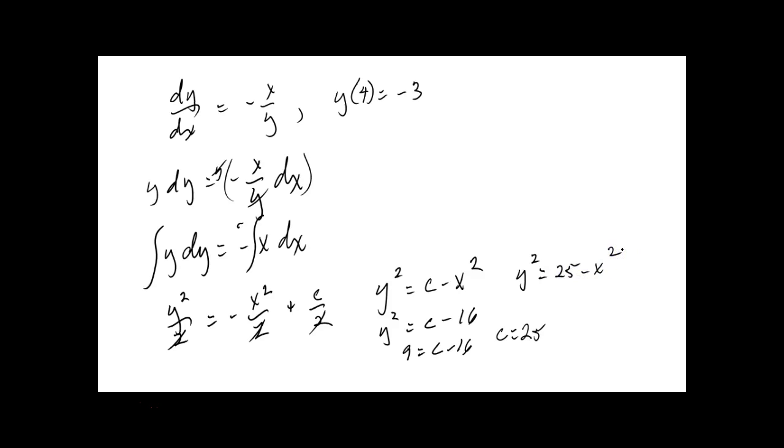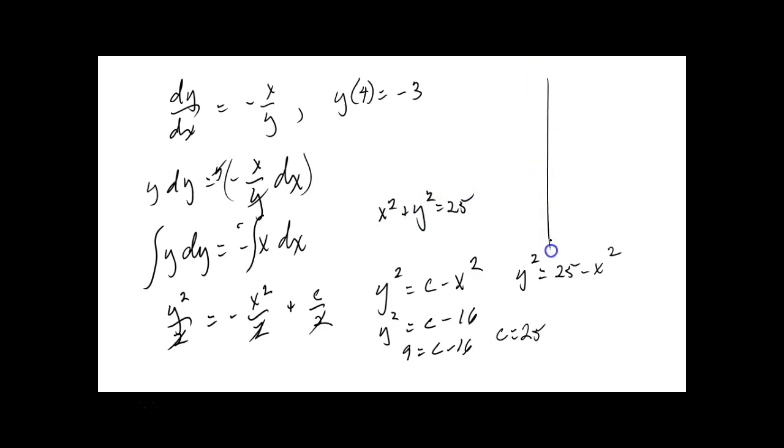Now that to me is a perfectly fine answer. If you want it explicitly, then you'd have to take a square root. Then you have to include plus or minus values. But what is this? If you added x squared to both sides, you get x squared plus y squared is equal to 25. That's a circle of radius 5.